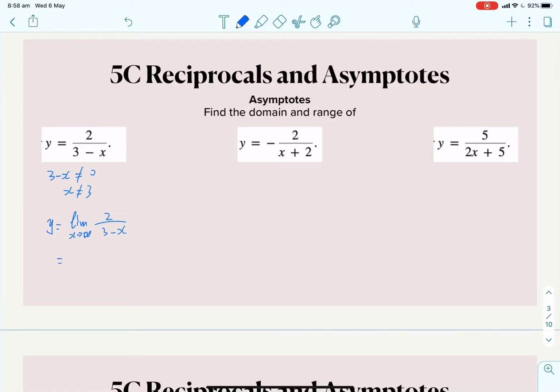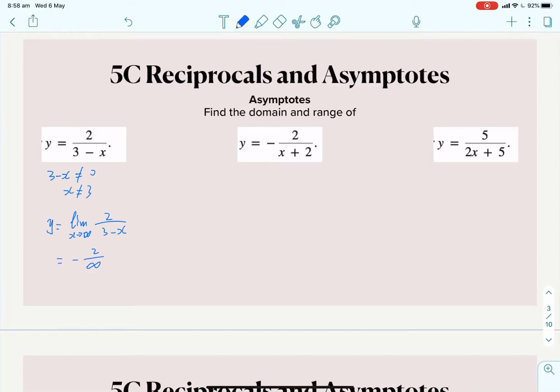When x goes extremely big, the denominator is basically 3 minus infinity, which is negative infinity. And 2 over negative infinity is basically negative 2 over infinity.